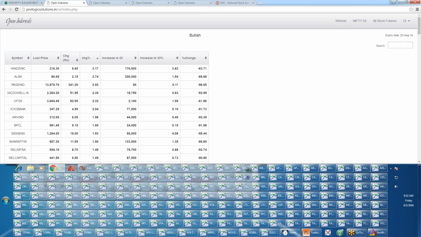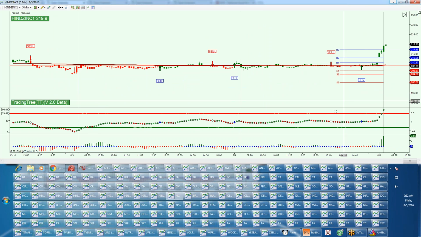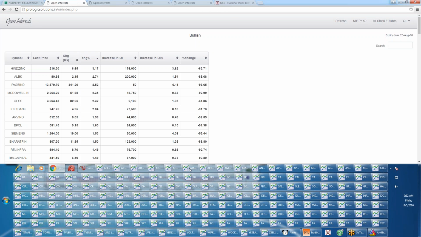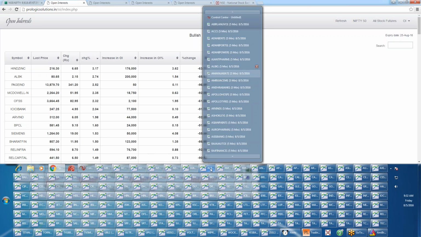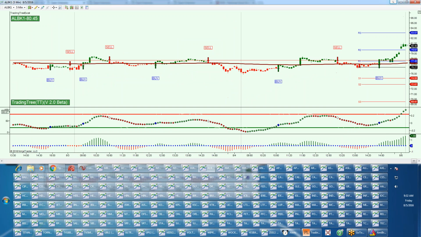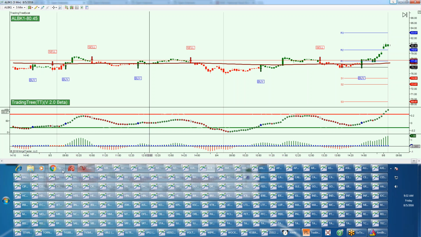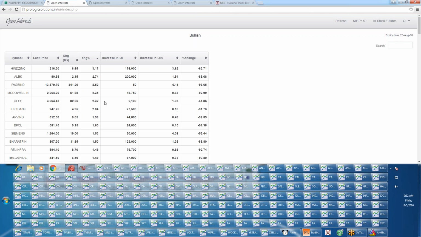We have Hindustan Zinc, which is 3% up. So now you can still be bullish on Hindustan Zinc. We have ALBK, which is up. We have Page Industries, McDowell's.